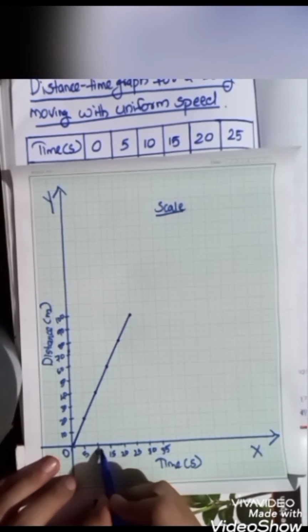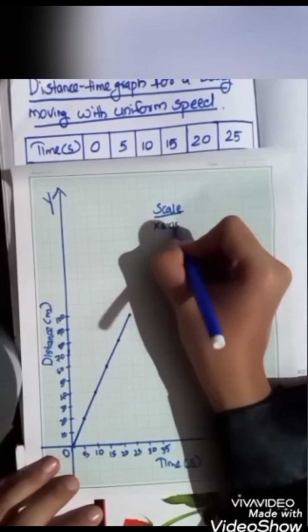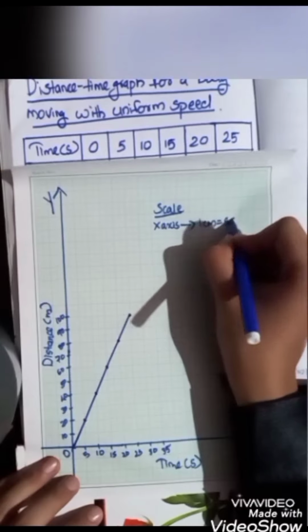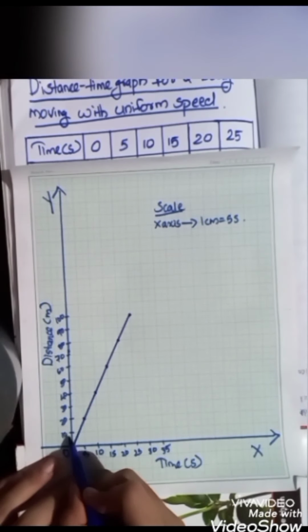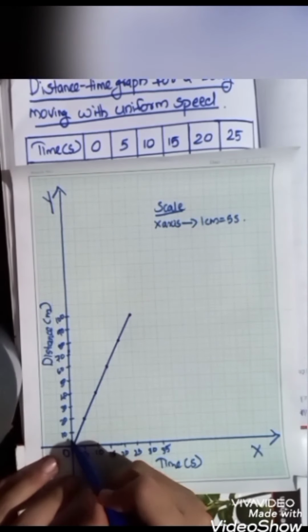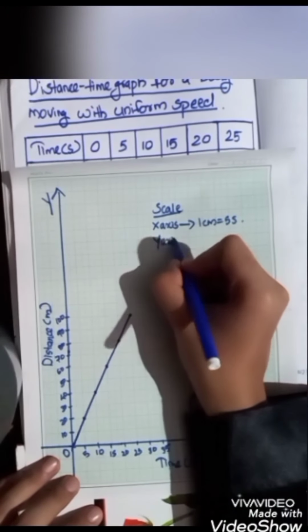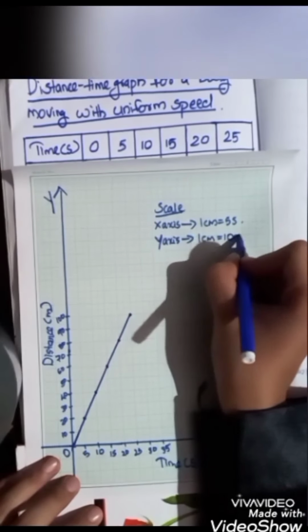On the y-axis, we take the distance, that is 1 centimeter is equal to 10 meter.